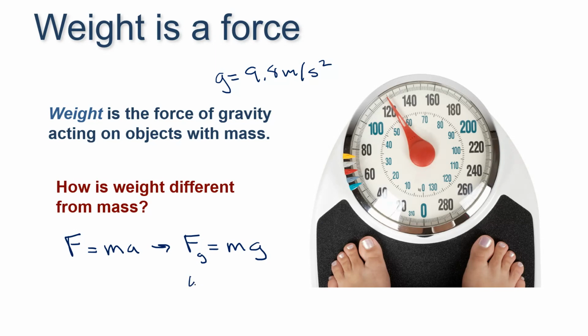This is also, you'll see some textbooks call it the weight. So the weight is about 10 times more than the mass, right? So you could say that your weight is 9.8 times the mass of the object. And let's label that too, that's mass.